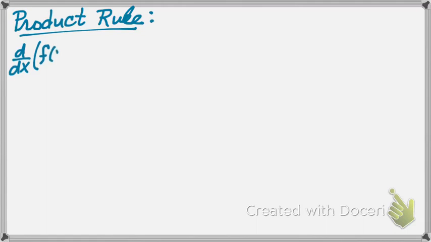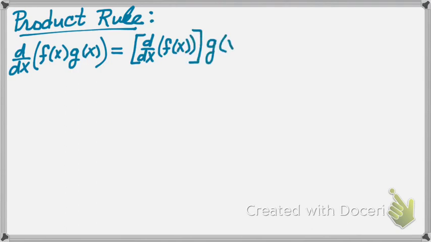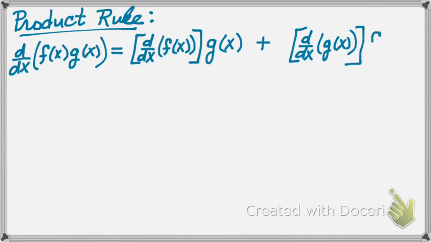So here is the product rule. If I have the product of functions f of x times g of x, the derivative is the derivative of the first function times the second function plus the derivative of the second function times the first.